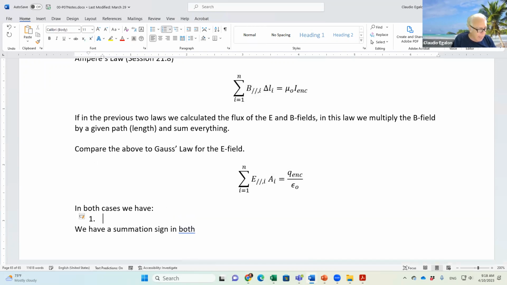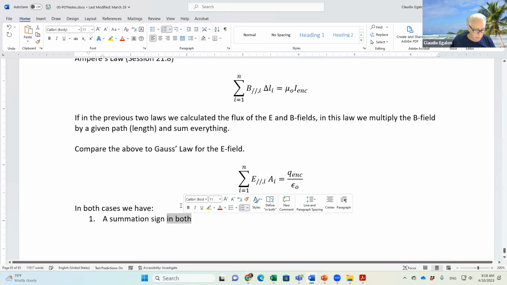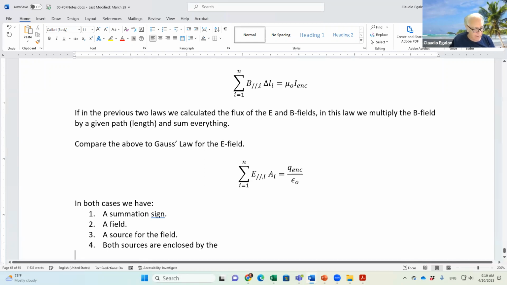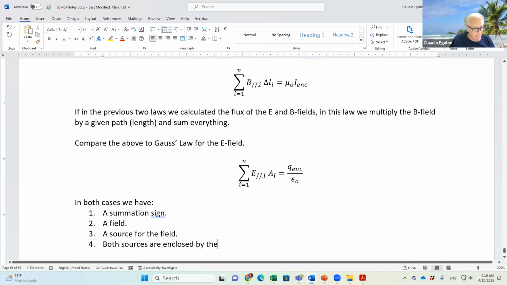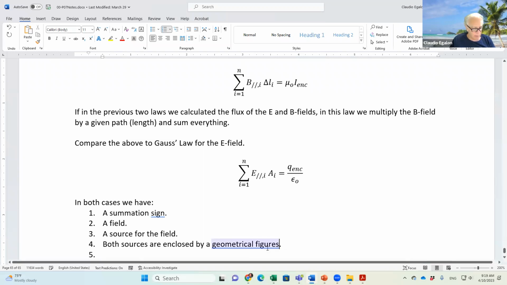In both cases, we have: one, a summation sign; two, a field; three, a source for the field; four, important, both sources are enclosed by a geometrical figure.